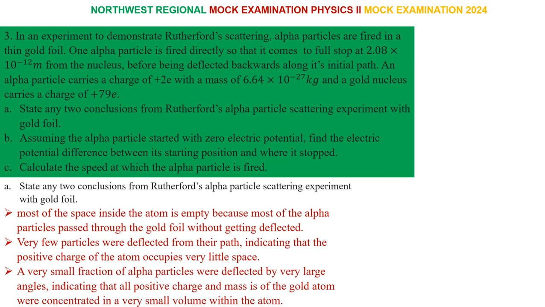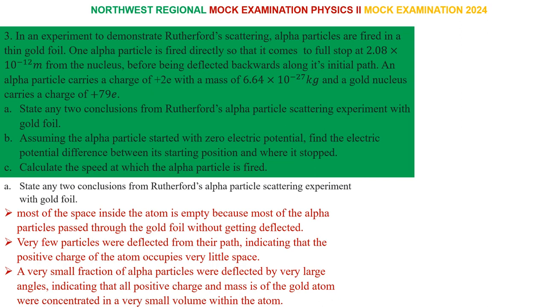Now, state any two conclusions from Rutherford's alpha particle scattering experiment with gold foil. So here I gave three. So the first is, what did Rutherford observe? He saw that most of the space inside the atom is empty because most alpha particles pass through the gold foil without getting deflected. So it means an atom is mostly made up of empty space. Next, very few particles were deflected from their path, indicating that the positive charge of the atom occupies very little space.